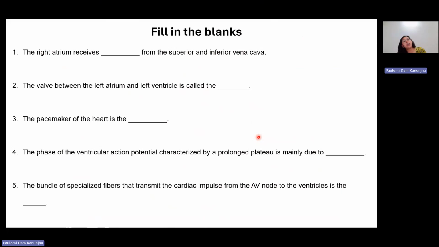That's why we are only talking about the QT segment. So the phase that is characterized by prolonged plateau is maintained due to what? So we know there's a plateau. Why is a plateau there? And the last one is the bundle of specialized fibers that transmit the cardiac impulse from the AV node to the ventricle is called what? So bundles should give you away what the name is. The name is pretty simple and easy for you to remember.